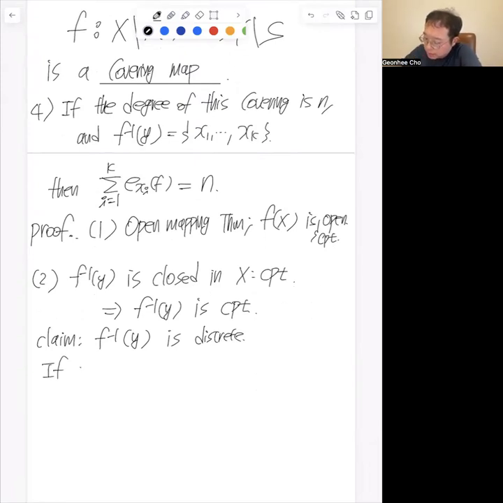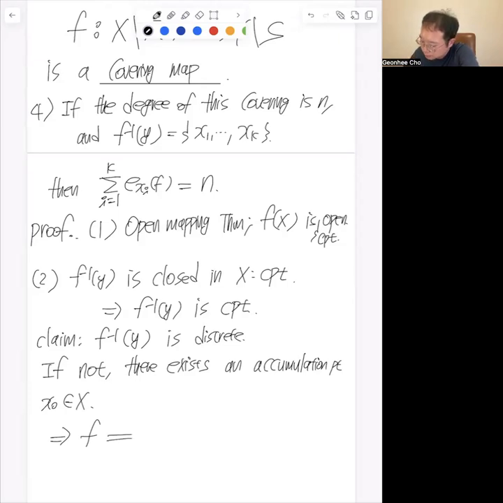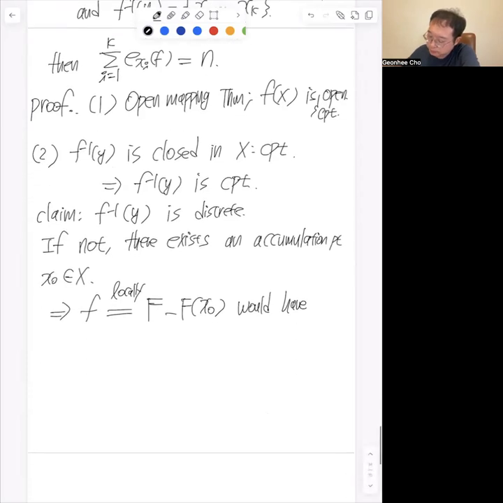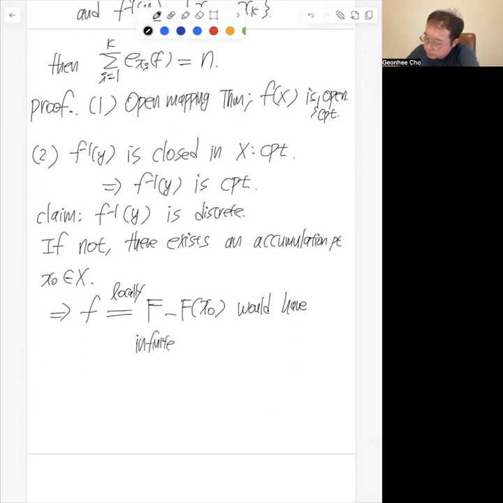If not, that means there is an accumulation point, let us say x naught inside of X. Then we are able to write down our function locally as some holomorphic function, translated so that it would have infinitely many zeros accumulating at x naught.